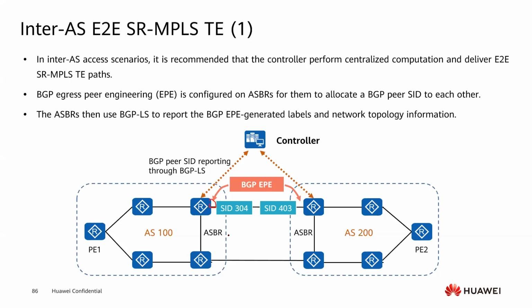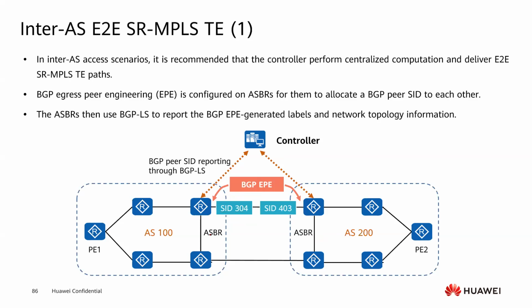For example, with ASBR1 and ASBR2, ASBR1 will tell ASBR2 what the label information is, like what my export label is. ASBR1 and ASBR2 will assign the SID for the EPE peer.